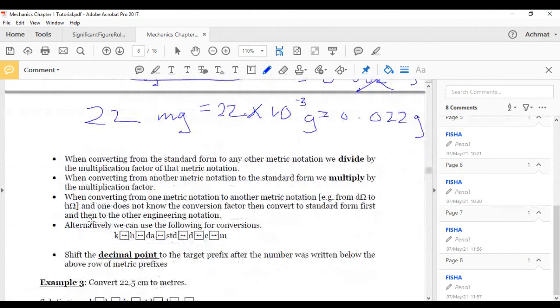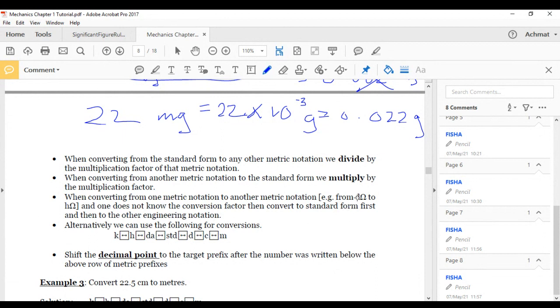And then the next one here, they say for converting in metric form, when converting from one metric notation to another metric notation. In other words, we have one with a prefix to another one with a prefix. Then, if you know what the conversion factor is between those two, you can do it immediately. But the safer way is first convert to standard form, and then from standard form to the next one.